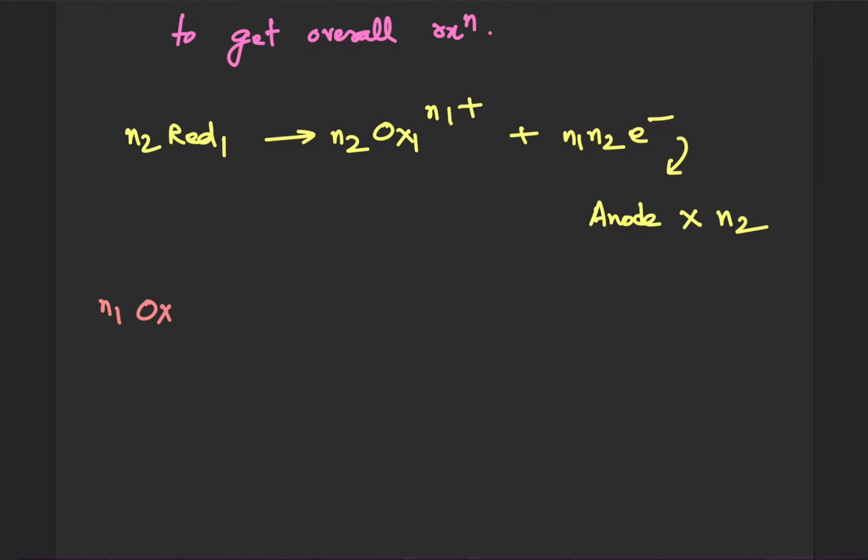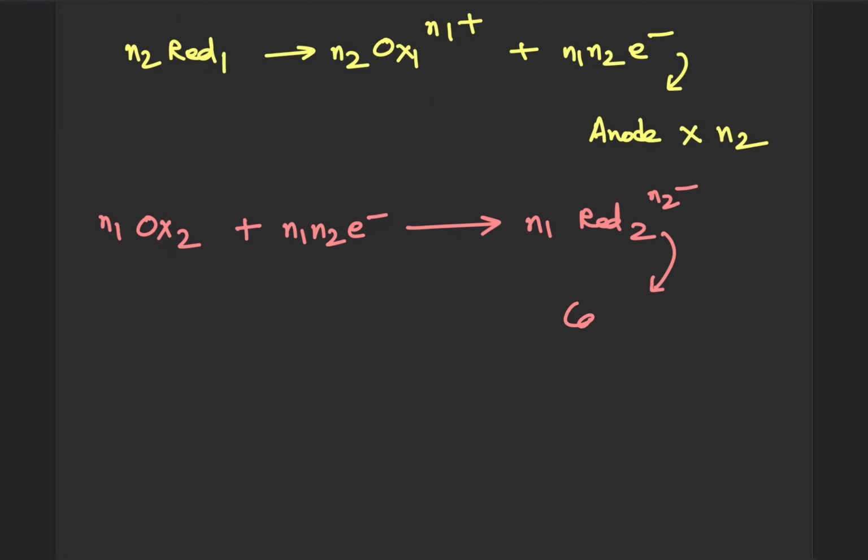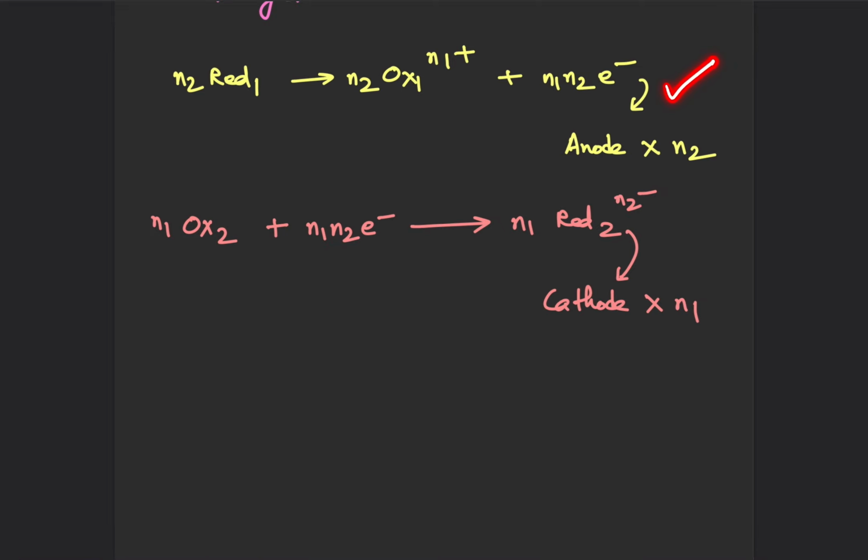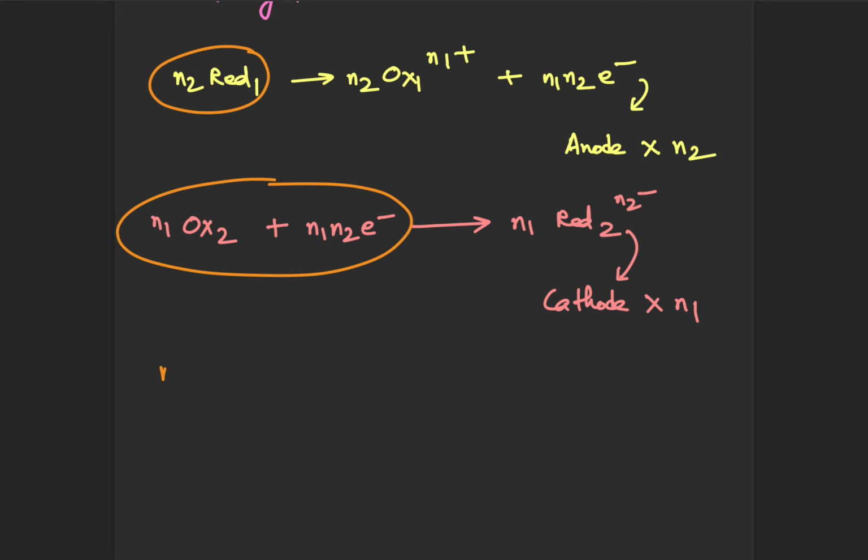And I multiply the cathode reaction by n1. So this is my cathode reaction into n1. To get the overall reaction we add both of them. So I add this reaction and this reaction, adding the LHS first, and then I add the RHS.